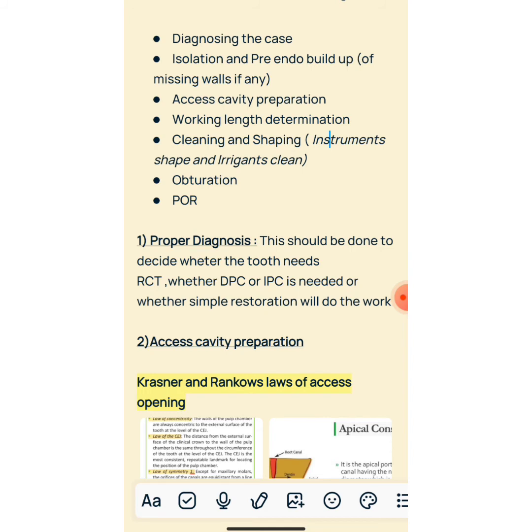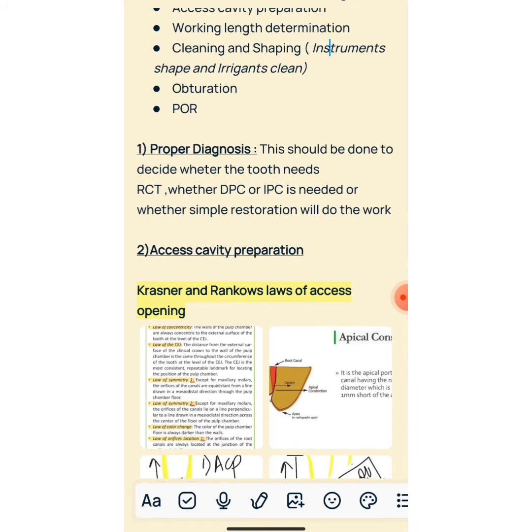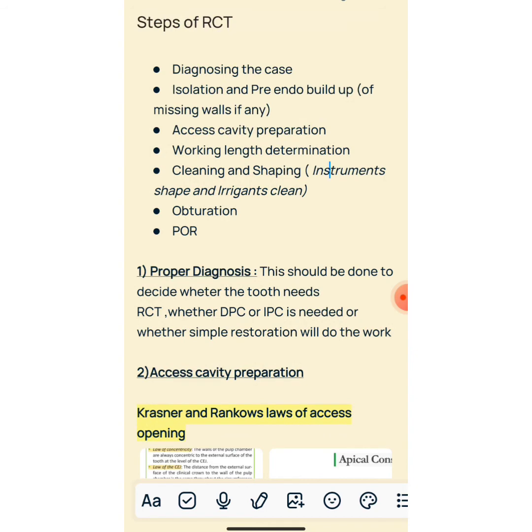Success of RCT depends on it. Then after proper cleaning and shaping and placing the intracanal medicaments, we finally go for obturation. For obturation we use the GP, we will study about it in the coming videos. Then post obturation restoration.